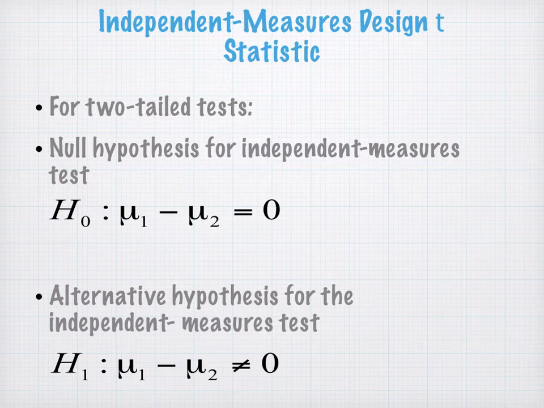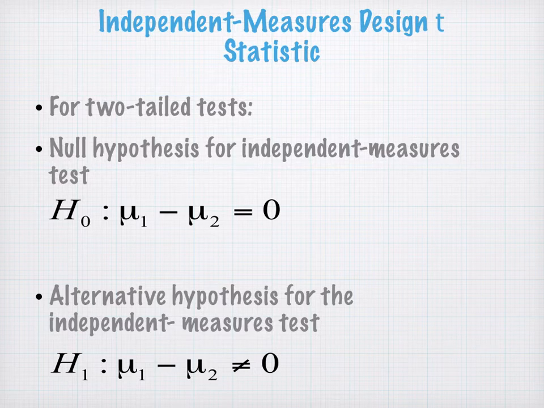If we're talking about a one-tailed test, you're going to want to use those greater than and less than signs. For your research hypothesis, if we're only looking at greater than, you're going to say that mu1 is greater than mu2. And then your null hypothesis would be that mu1 is less than or equal to mu2. So you still are covering the entire range of the spectrum, but you're talking about direction in those hypotheses.